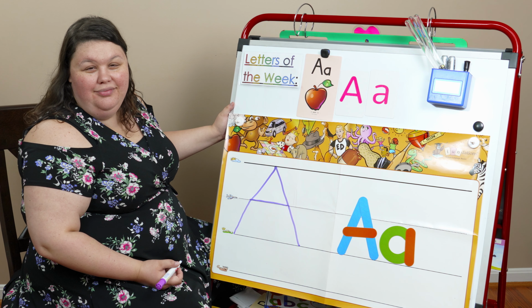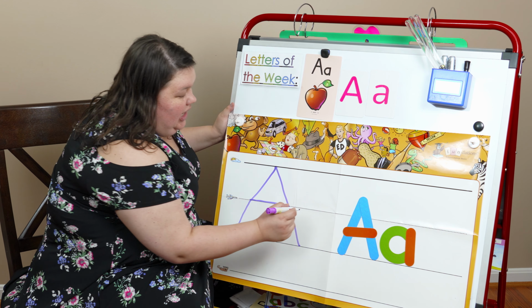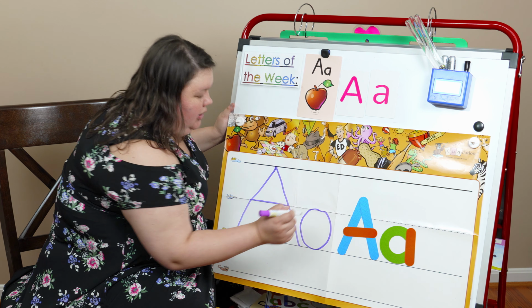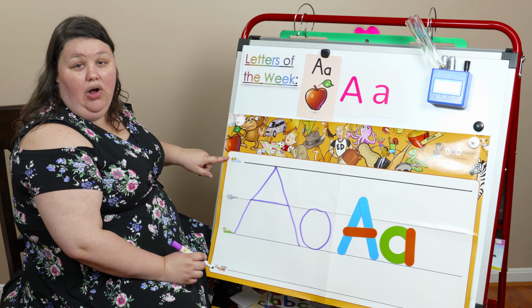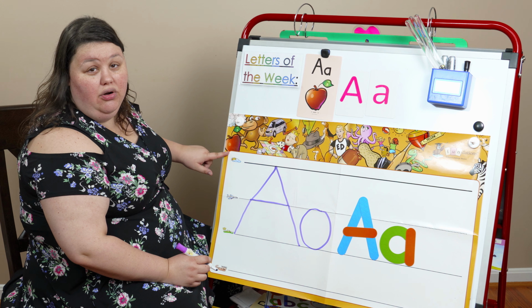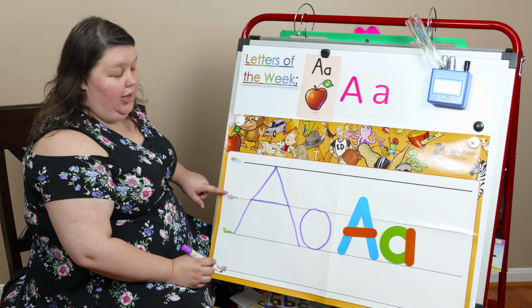Great job. Now, when I do my lowercase a's, I like to make a circle first. And the circle has to be below the airplane line. It can't be too tall. Most lowercase letters do not go near the skyline. Most of them stay underneath the airplane line.